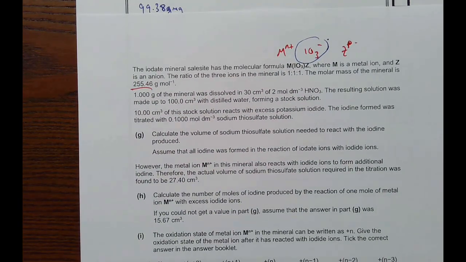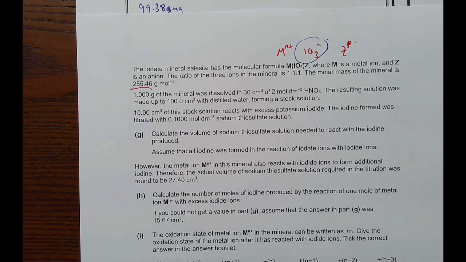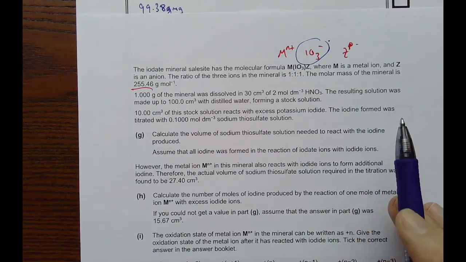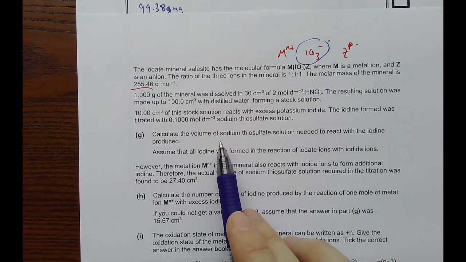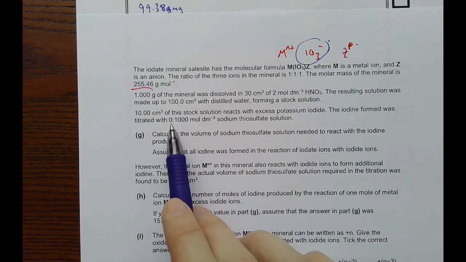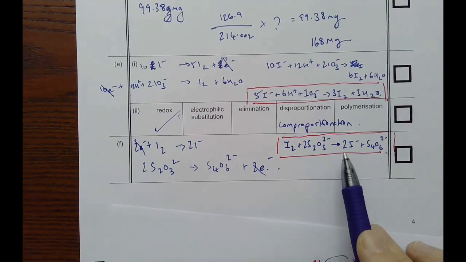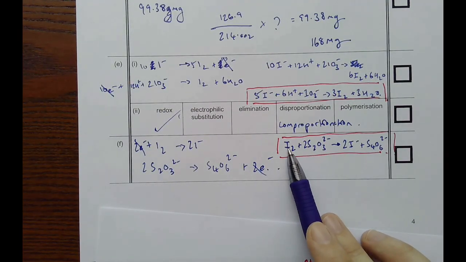And it says now, calculate the volume of sodium thiosulfate solution needed to react with the iodine produced. Alright, so that's interesting, because on first look, you might be a little bit confused. You might think you don't have enough information to answer this question, because it's asking you how much of the 0.1 molar sodium thiosulfate do I need to react with the iodine?